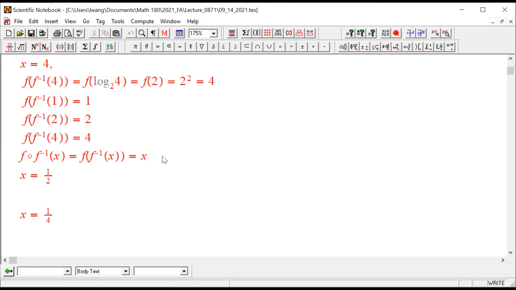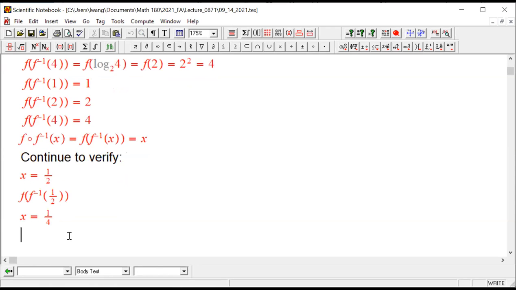We continue to verify, just for the fun of it, with these two. One is for half, and the other one is for a quarter.